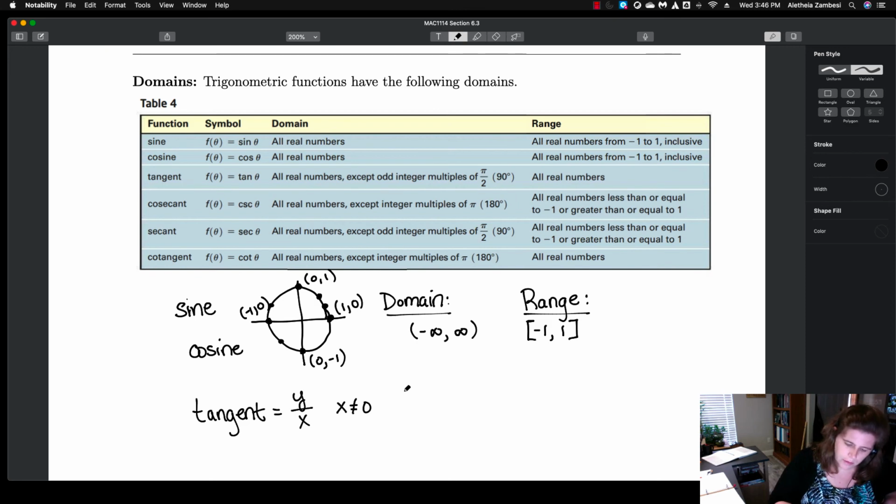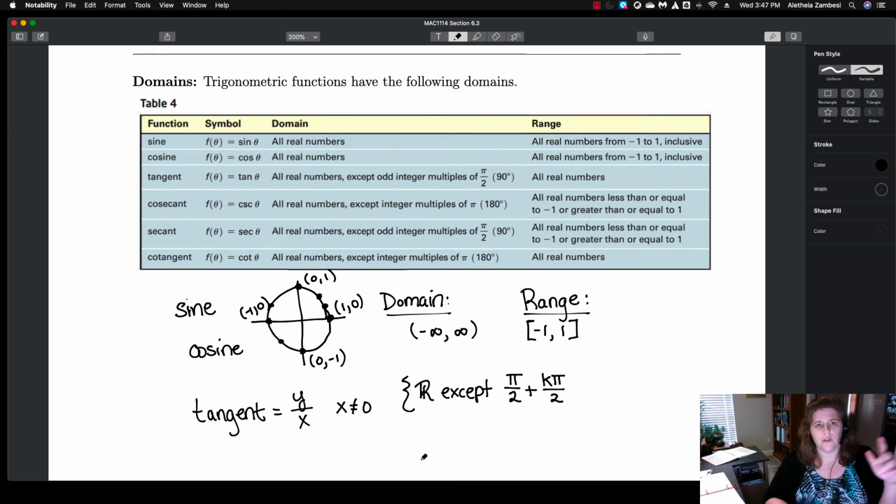So it's all real numbers. I'm going to do this in set notation. Domain is all real numbers except pi over 2 plus k pi over 2. So every additional interval of pi over 2, we also have a problem.